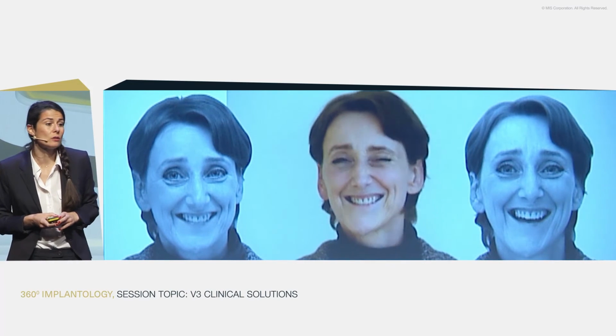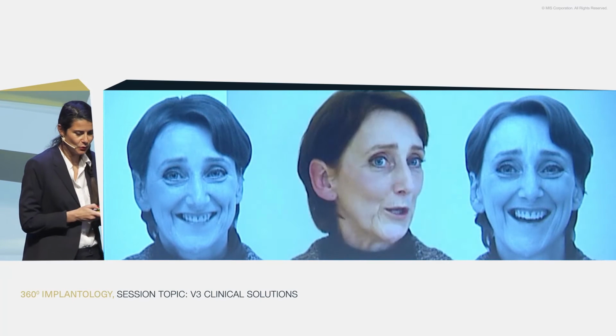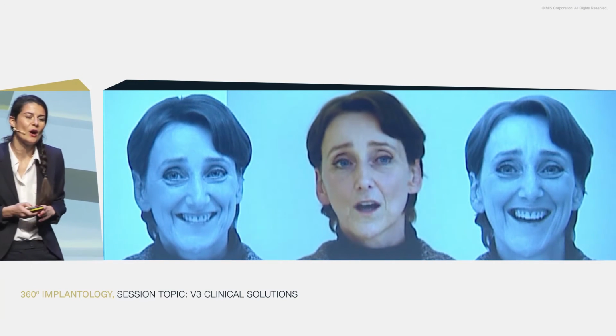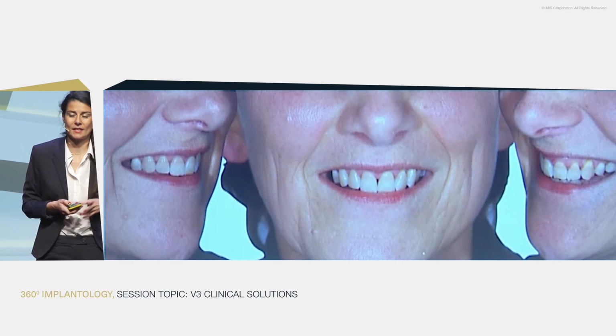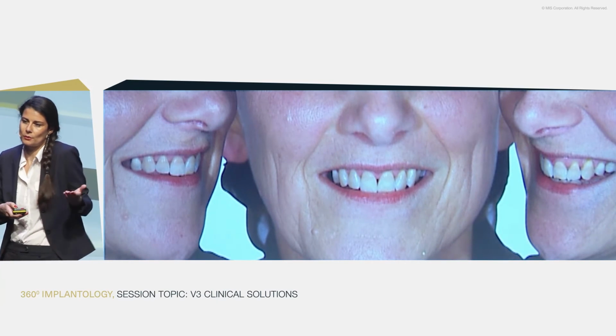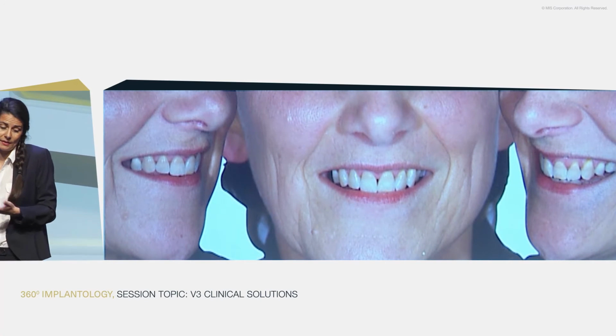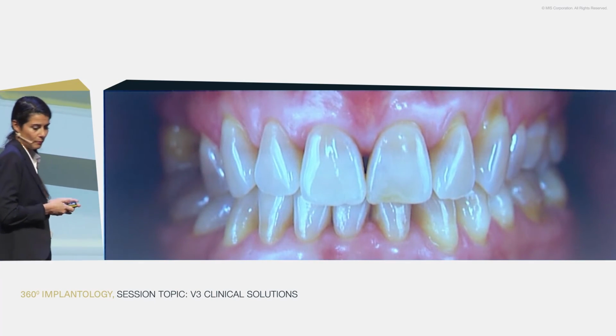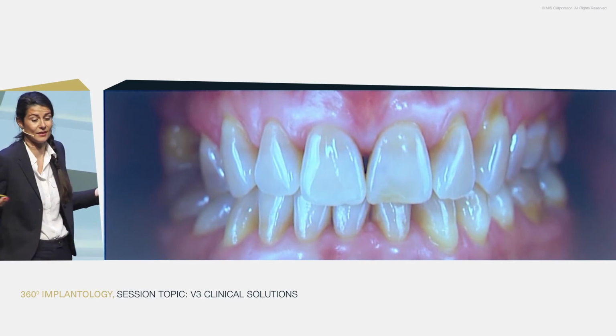So this is one of our patients included in the study. She has an aesthetic and functional problem, functional because it's posterior, but also aesthetic in this case, because she's showing the first molar that is not there.